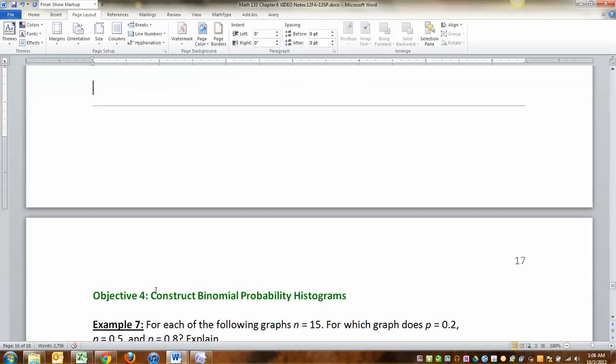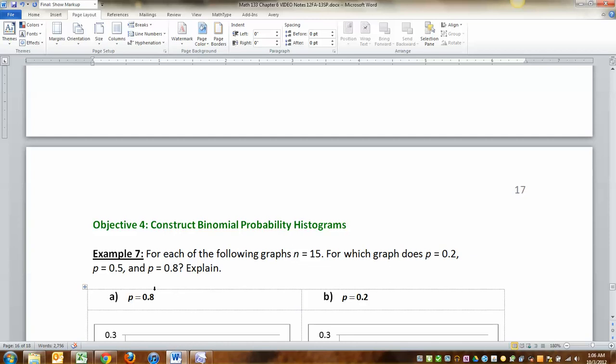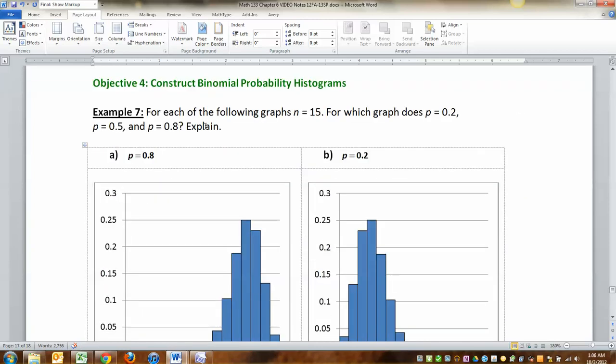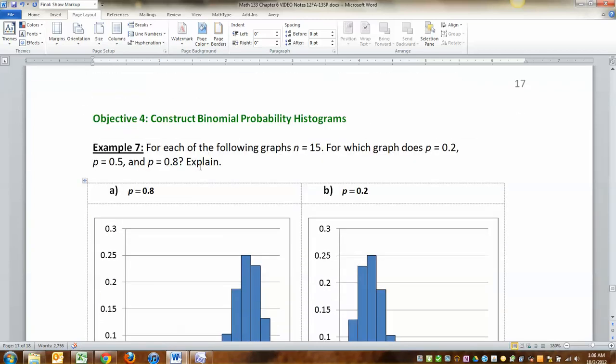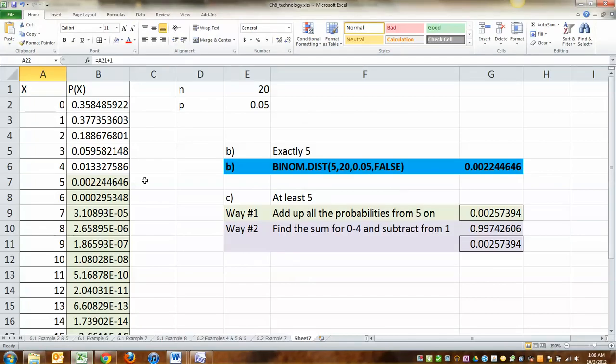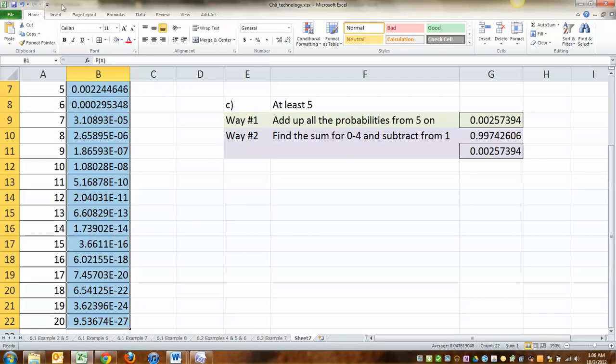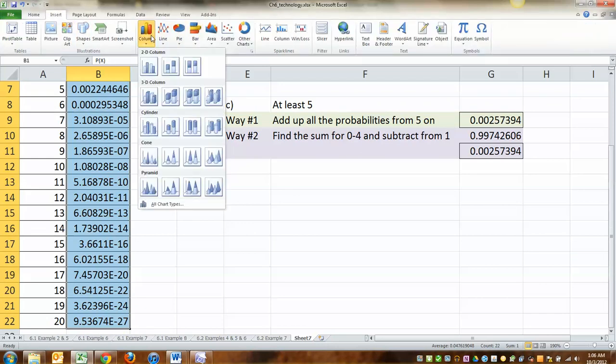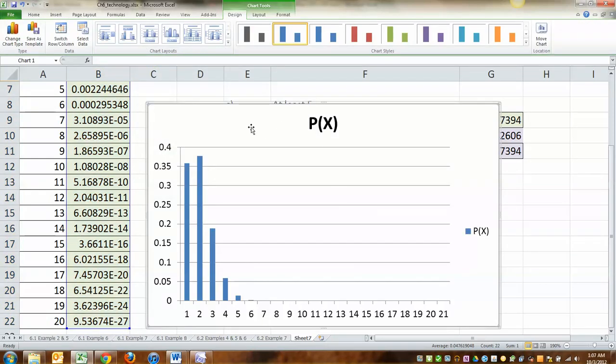The last objective is binomial probability histograms. Again, I didn't have you bother making these. If you wanted to make a histogram, here, I'll show you. All you have to do is highlight all your probabilities and insert a column chart. Boom, you've got a histogram.